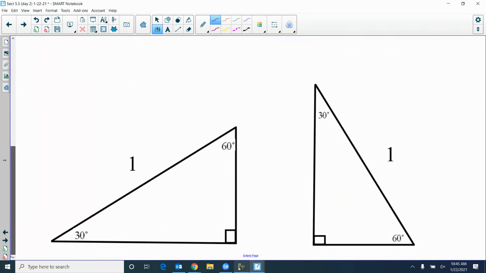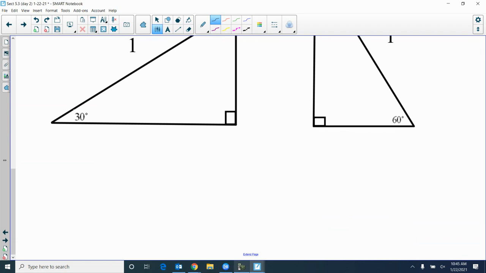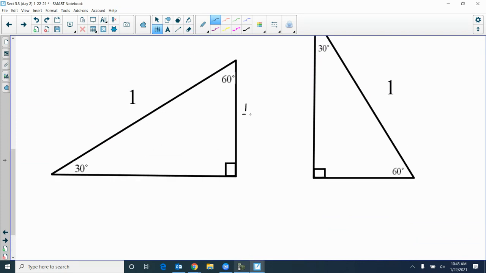These are the building blocks for about everything we do from here on out. So that's 1/2, and that's square root of 3 over 2. If I flip it, the side across from the 30-degree angle is 1/2, then that leg is radical 3 over 2. So instead of having 2 as the hypotenuse, 1, and then square root of 3, it's going to be 1/2 and square root of 3 over 2.